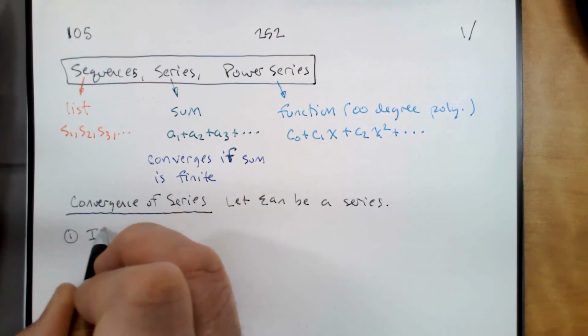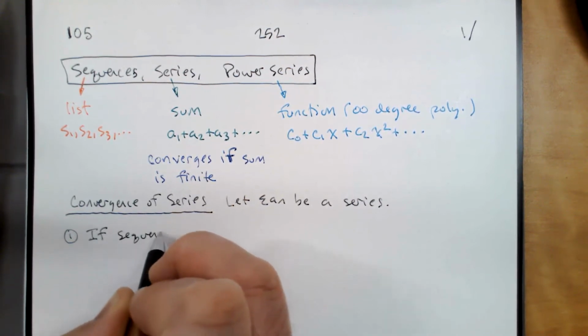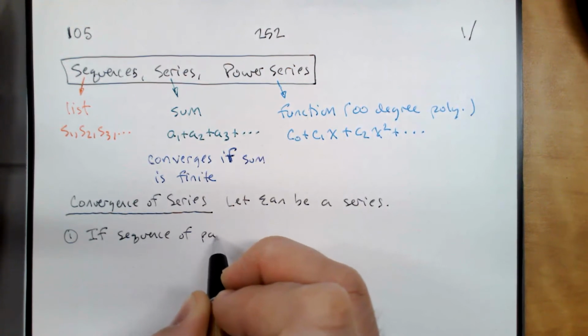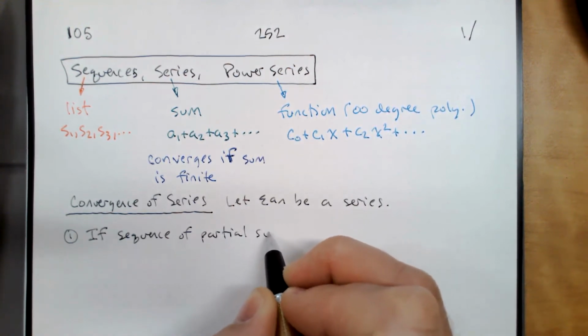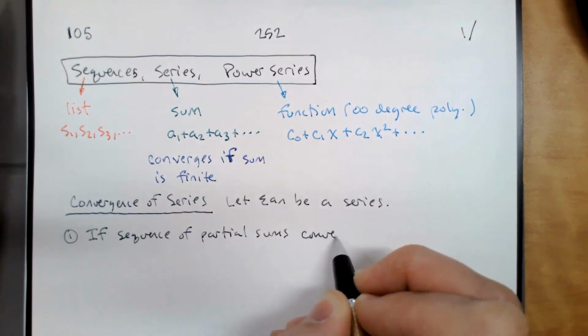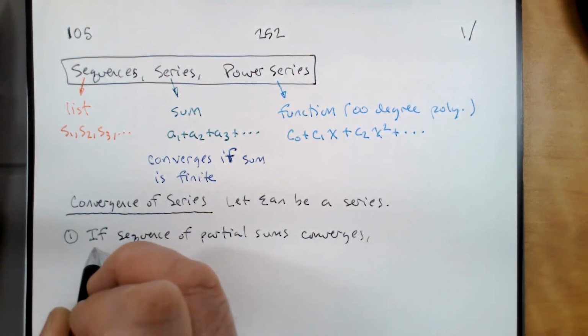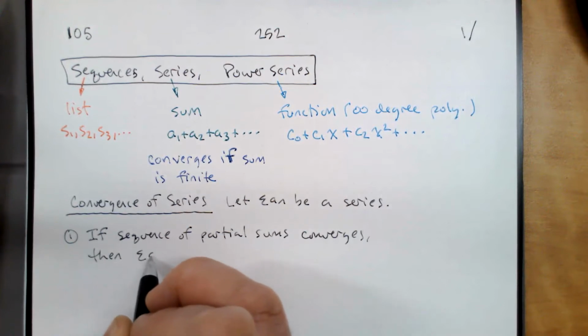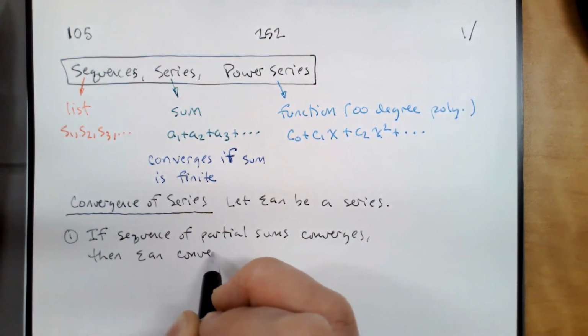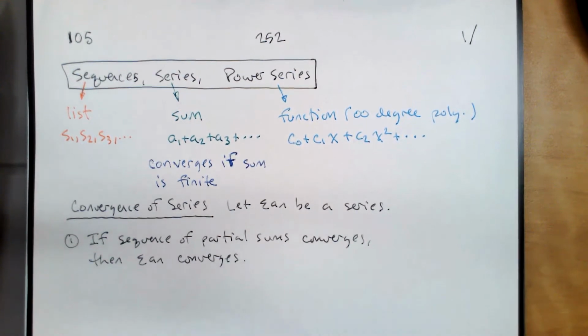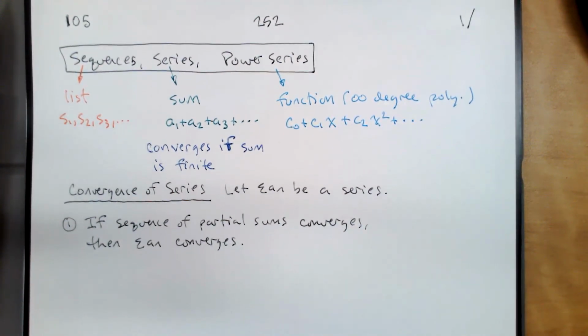If the sequence of partial sums converges, then the series converges. Moreover, the limit of the sequence of partial sums will be the sum of the series. Here we're just looking at the total after we add the next term and see if that's headed anywhere.